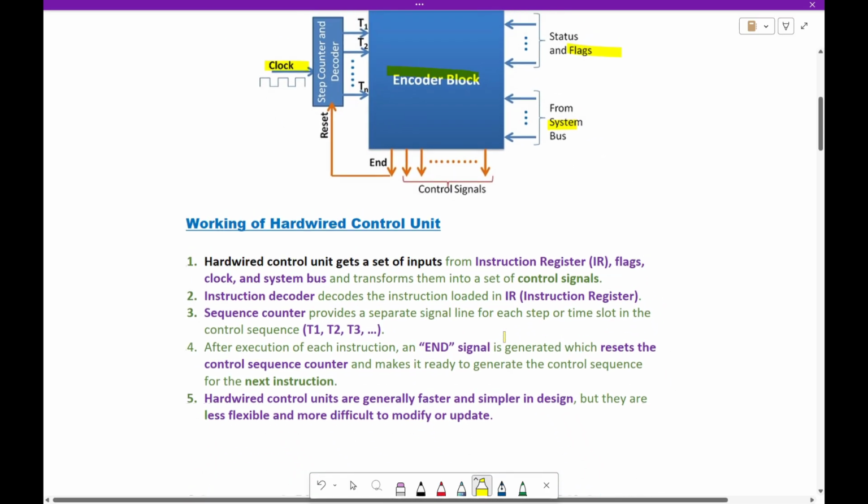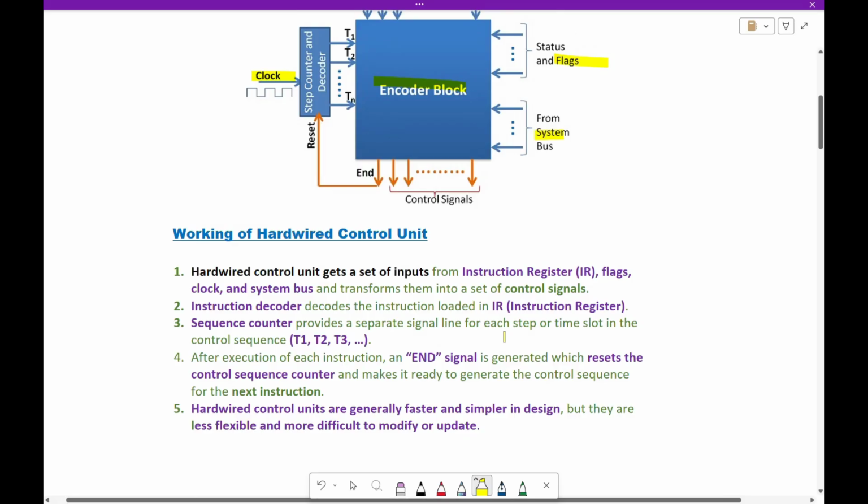So the working of hardware control unit: it gets a set of inputs from instruction register, flag, clock, and system bus, and transforms them into a set of signals.